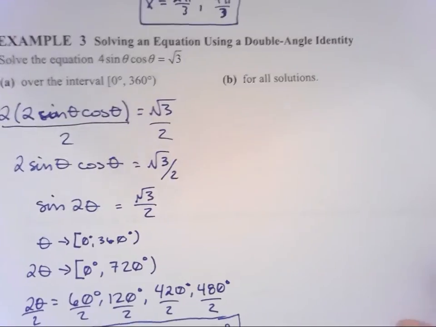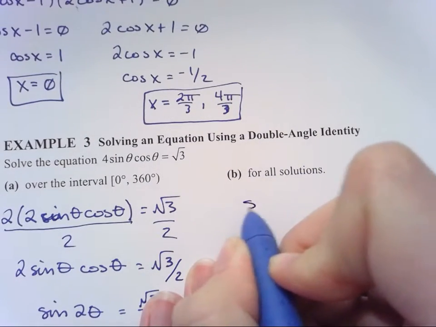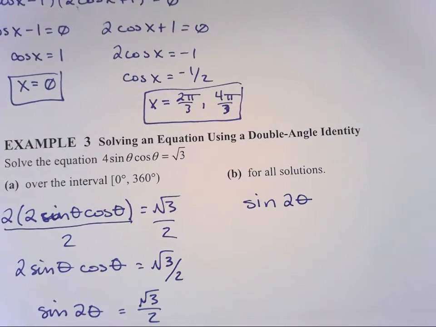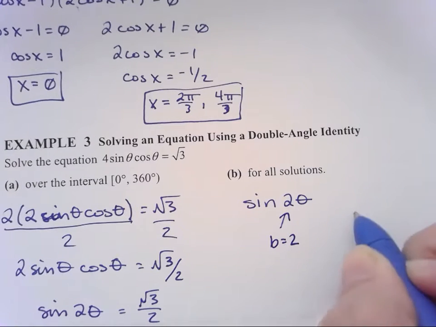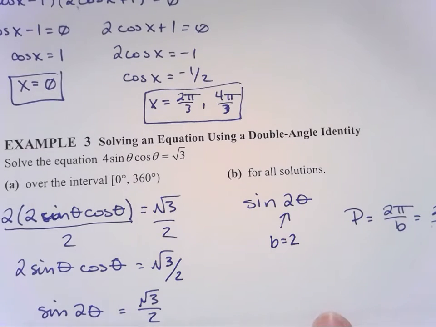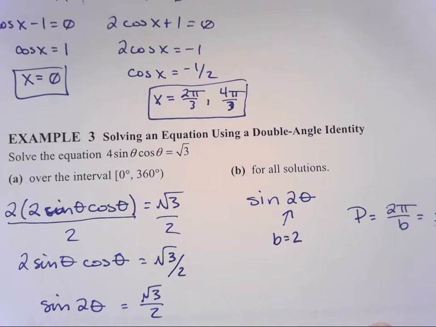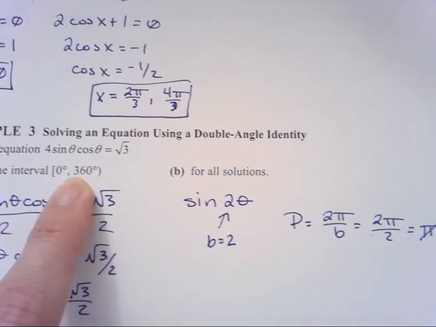If I want all the answers, all possible answers, remember I have to deal with the period. So if this was sine 2 theta in the long run, then that means b is 2. The period, how often it repeats, is 2 pi over b, 2 pi over 2, or just pi, or 180 degrees, since our interval here is in degrees.